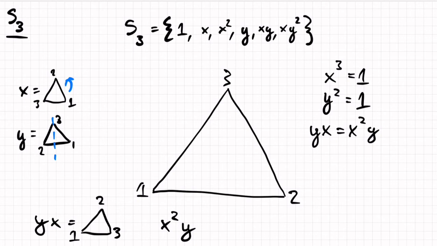So the way I'm going to apply y is by reflecting right here. I'm going to flip these two. So I've got these, put them over there. And now I'm going to apply x squared, which means I'm going to apply x twice, which means I'm going to rotate twice.